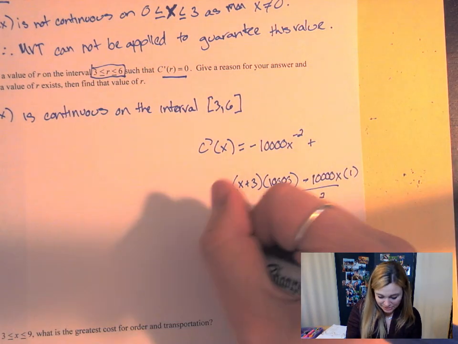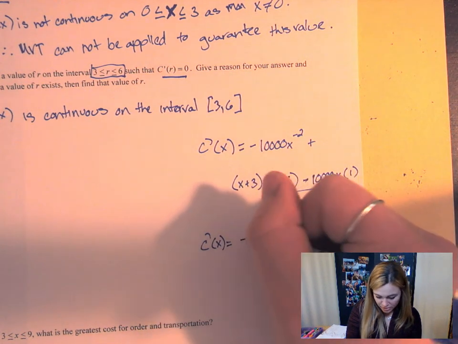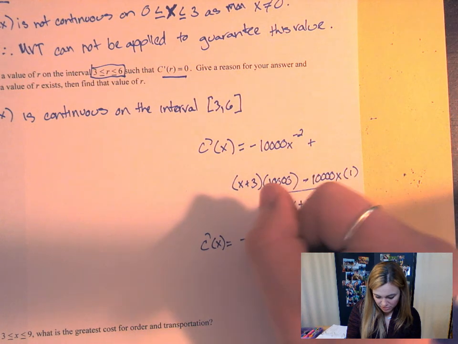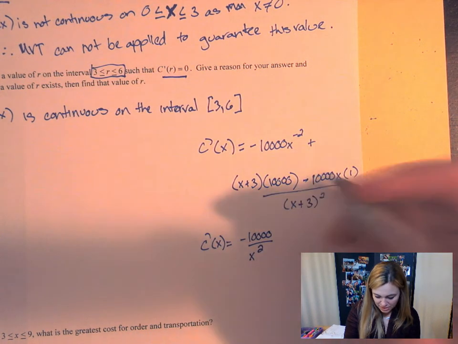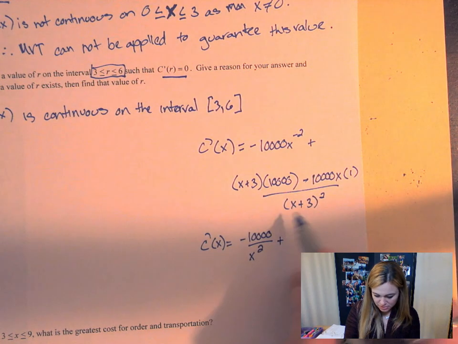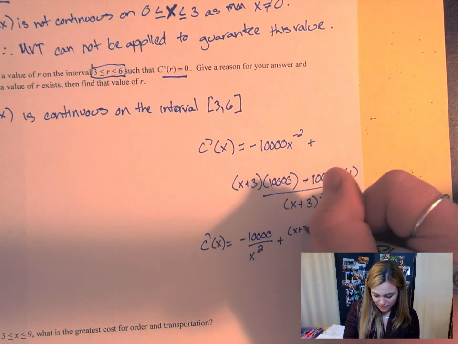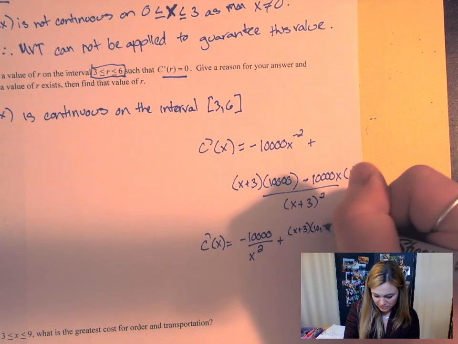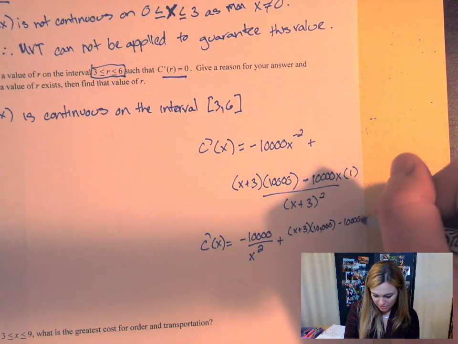And then I'm going to make this look a little bit nicer. c prime of x is equal to negative 10,000 over x squared plus, I can just keep this as x plus 3 times 10,000 minus 10,000 x.